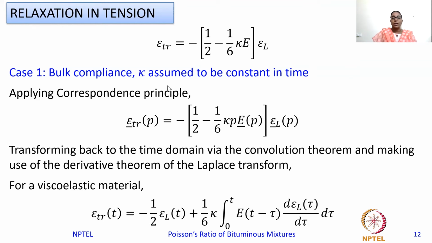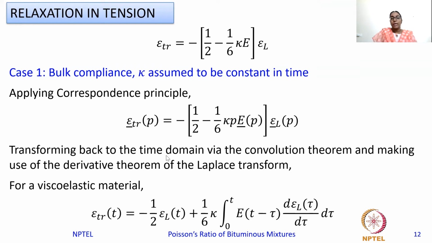Now, first we apply the correspondence principle. So in the correspondence principle, we will take the Laplace transform of these parameters. So this is written as epsilon TR of p, that is the Laplace transform, is equal to minus half minus 1 by 6 kappa, where kappa is taken as a constant, E of p is the Laplace transform for E and epsilon L of p is the Laplace transform for this longitudinal strain.